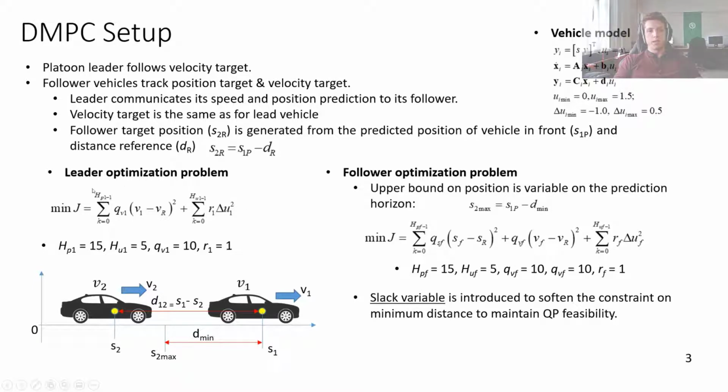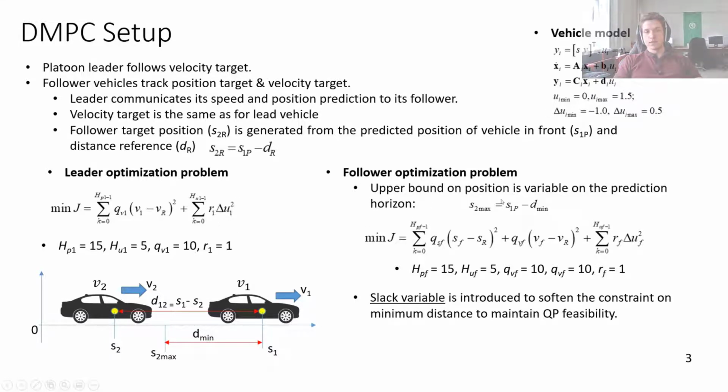In the leader MPC, the goal is precise tracking of target velocity. And we have a cost function in which we set a compromise between the tracking and our control effort, which is conveniently here also a comfort metric.